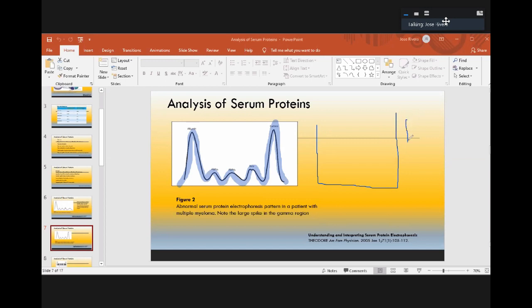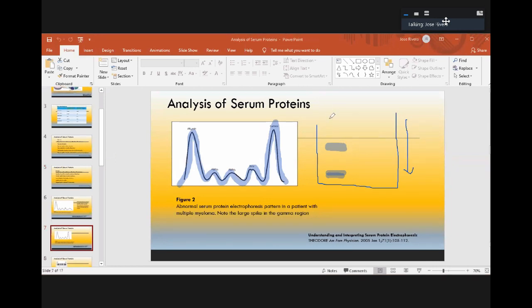if this is the gel and moving in this direction, if you have the albumin here at the bottom and it's very thick, the gamma here is also going to be very thick. And it might be now the fraction might migrate also differently. But you can see it now.